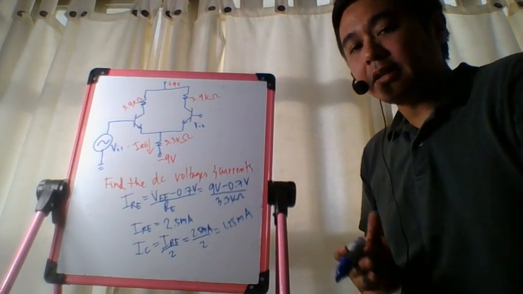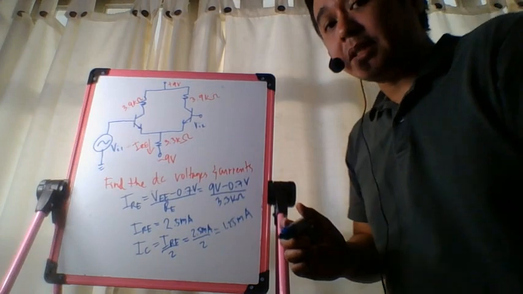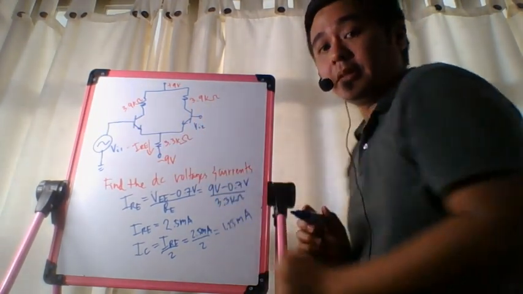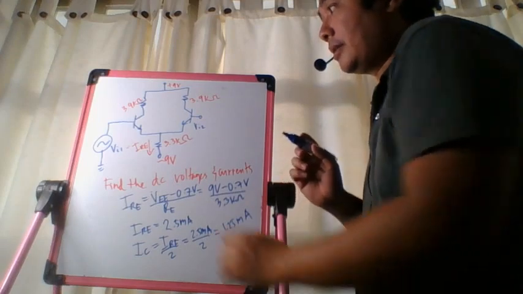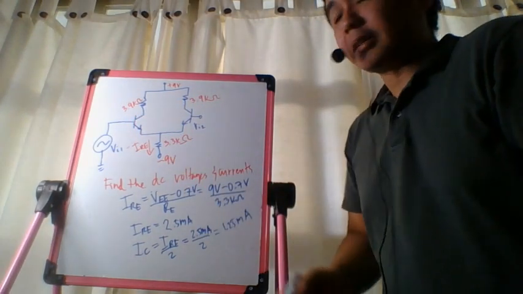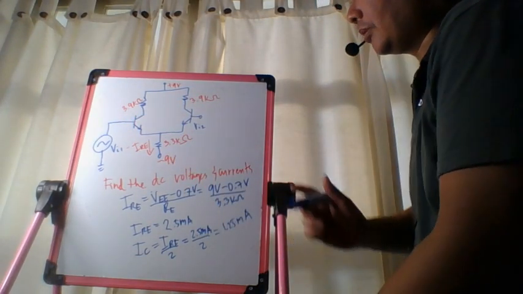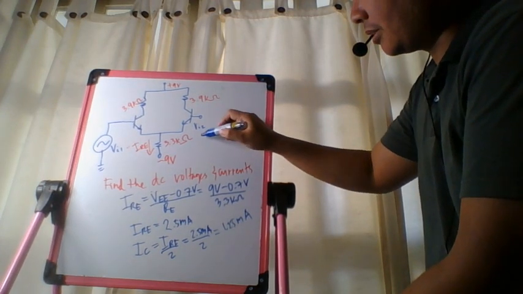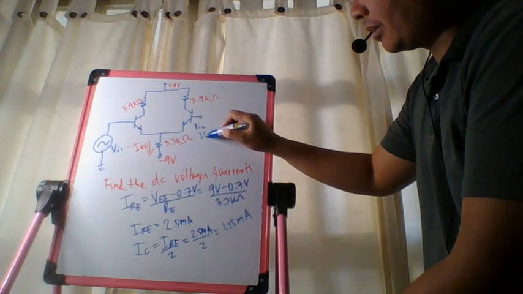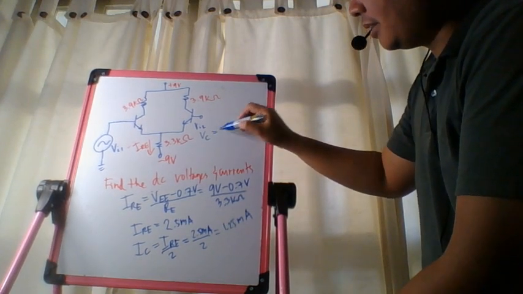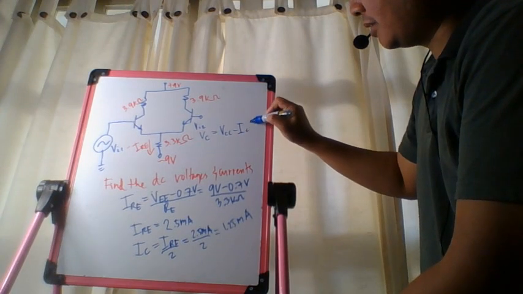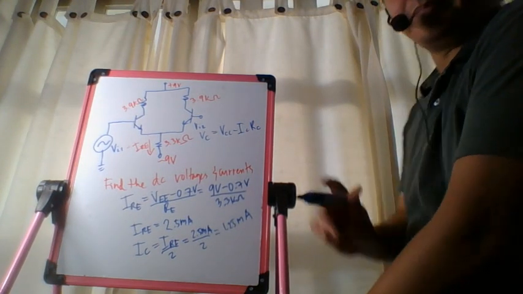And then lastly, we can determine the output voltage VC. So pareho lang yung ating magiging output voltage since they are identical, yung ating transistors. Okay? So our equation for VC, or the output voltage, so let us just write it on this part. So we have VC is equal to VCC minus IC RC.